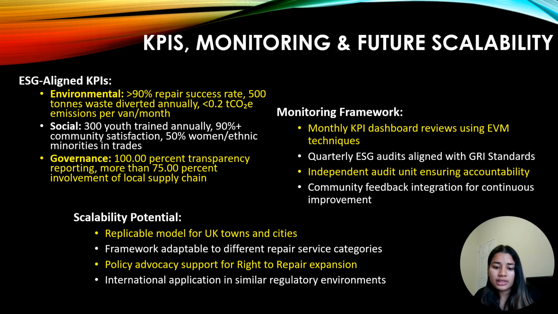The governance indicators guarantee openness and local prosperity. The adaptive management process is performed through a monthly monitoring program, and external validation is offered at the quarterly ESG audit. Our internal audit department allows accountability and helps cultivate trust among the stakeholders.